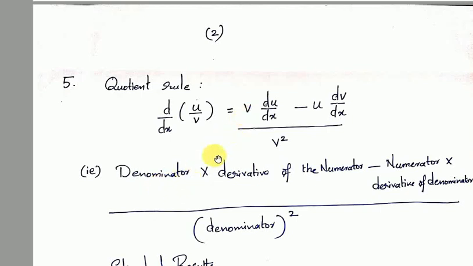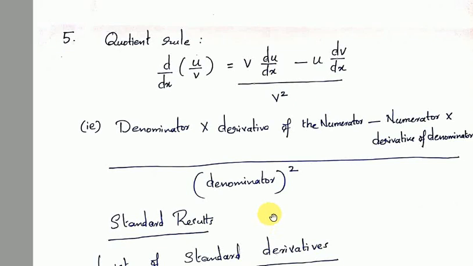Denominator, that is v, into derivative of numerator, that is du by dx, u is in the numerator, minus numerator, that is u, into derivative of denominator, that is dv by dx, whole divided by denominator square.